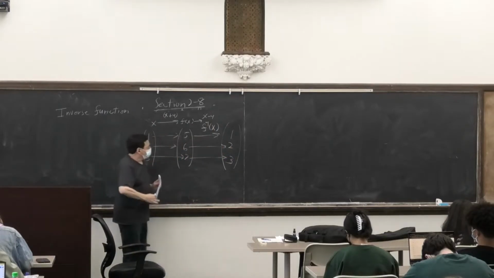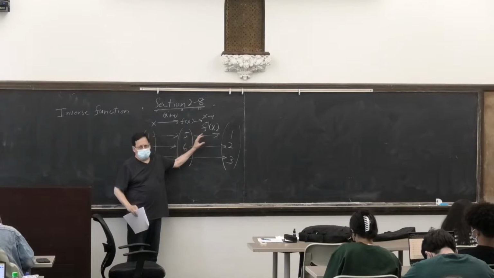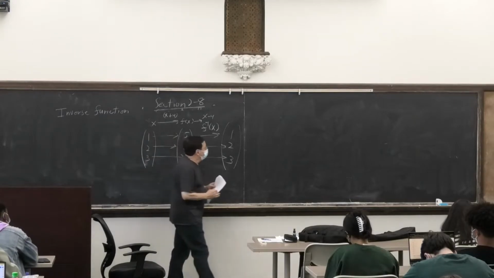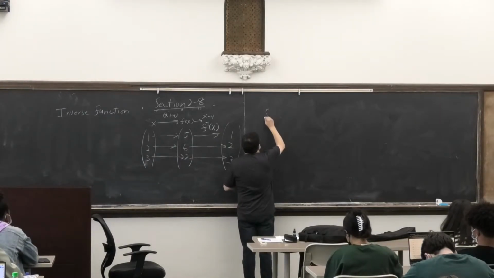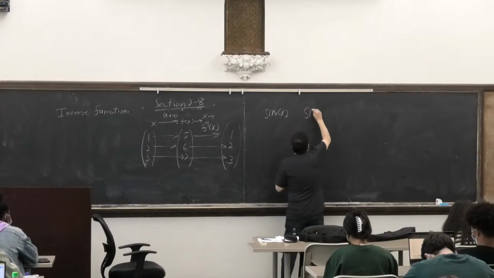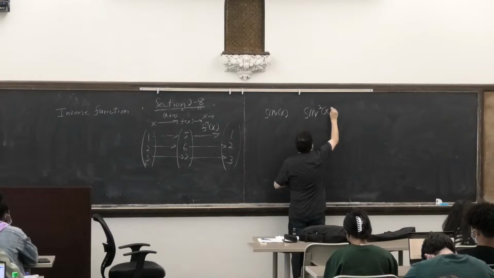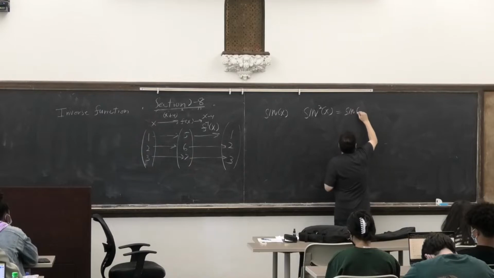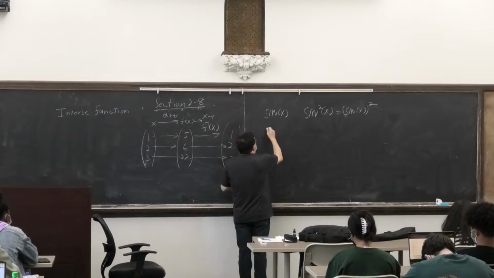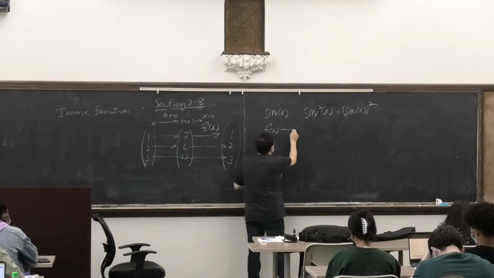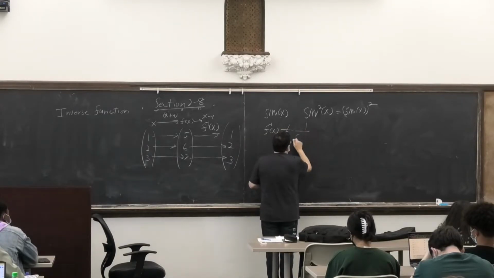Now, I want to be very careful about this, because this is a point where it can be very confusing. Later on in the class, we're going to take a function like sine of x, and then we're going to write it this way, sine squared of x. And what we mean is sine of x, squared. When we write f to the minus 1 of x here, we don't mean 1 over f of x.